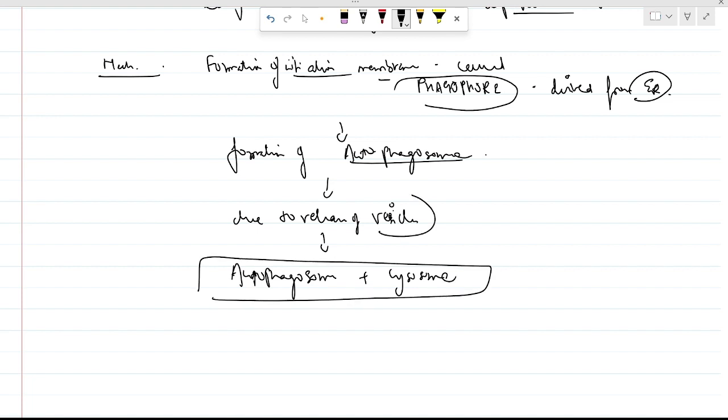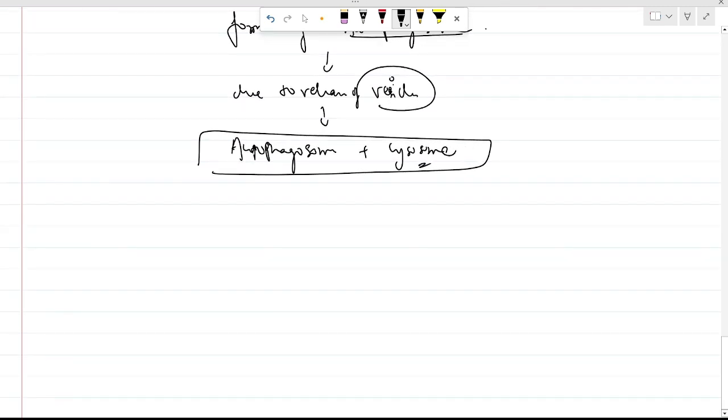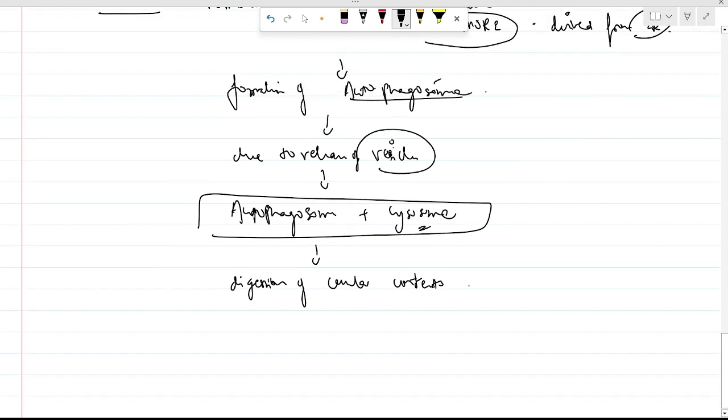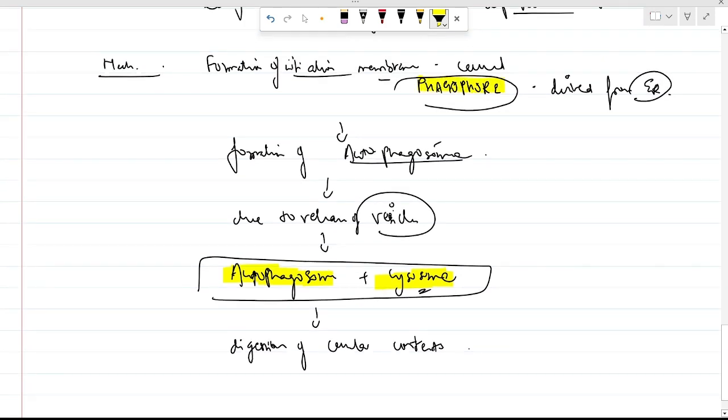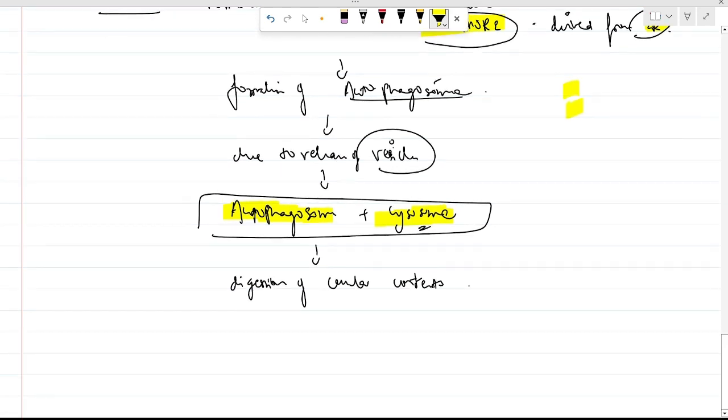Due to the release of vesicles, there is combination of this autophagosome along with the lysosomes. Okay, and this will finally lead to digestion of cellular contents. Combination of autophagosome along with lysosome. Okay, phagophore, the initiation membrane, is derived from endoplasmic reticulum. These two are important facts to remember here.